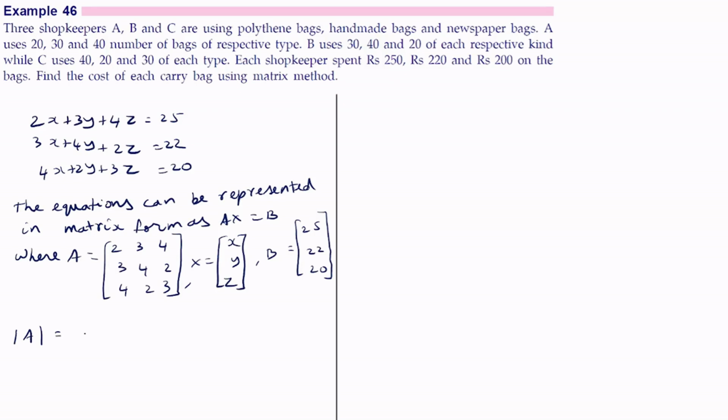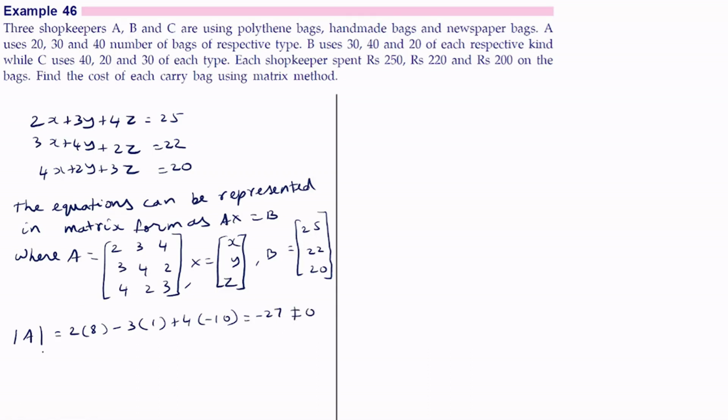Now determinant of A, let us expand along R1. It is 2 into 12 minus 4, which is 8, minus 3 into 9 minus 8, which is 1, plus 4 into 6 minus 16, which is minus 10. So this is minus 27, which is not equal to 0.